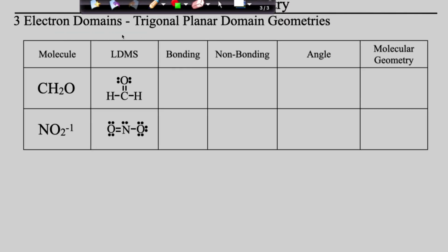So guys, with that in mind, let's look at the top one. This has got 3 bonding domains, a single bond, and a double bond. How many unbonded domains are on this? Guys, we only look at the central atom. We don't count these at the top. So around the central atom, we have no non-bonding domains.